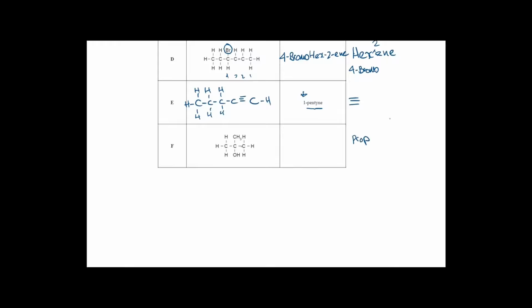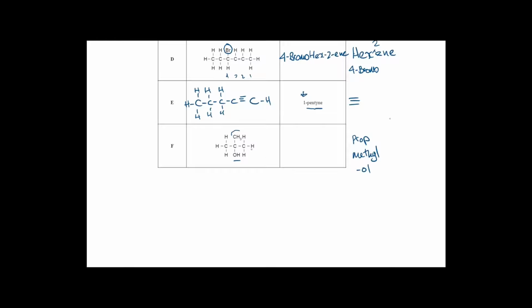Okay, so what are the bits that are here? There is a methyl here. So there's going to be methyl in there somewhere. There is a hydroxide branch here, so it's going to be an alcohol, so it's going to be something ol.